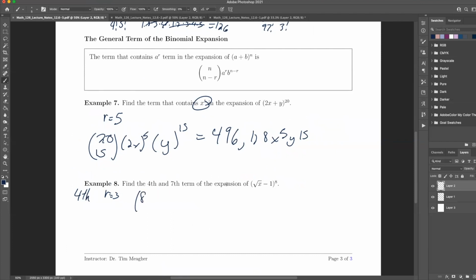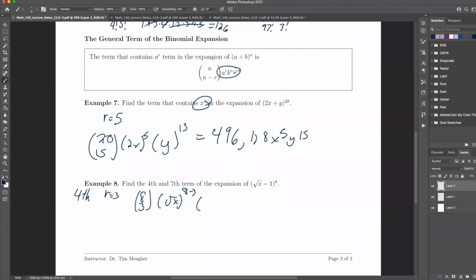So I'll have 8 choose 3 times square root of x to the 8 minus 3. And then here it'd be, so 8. Am I doing this backwards? I might be doing this a little backwards in my head. The funny part is if I reverse, this may be reversed.